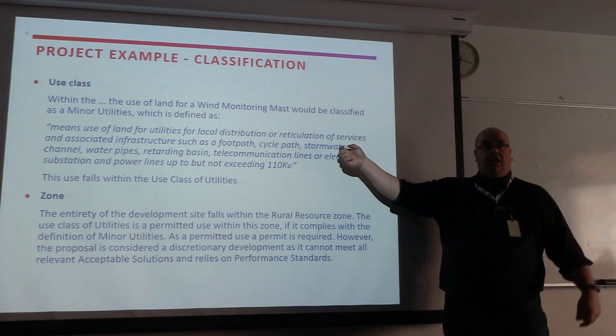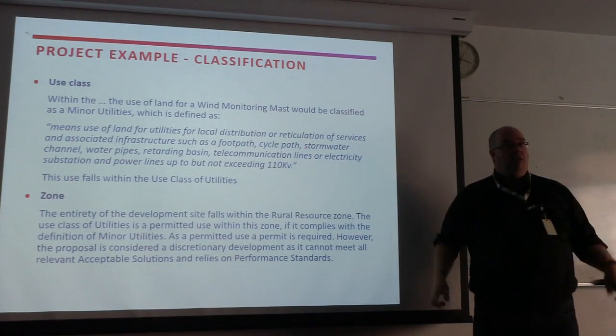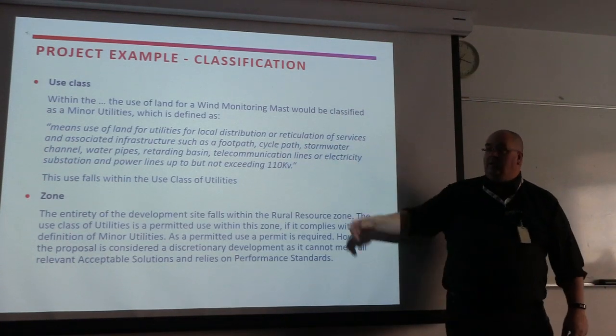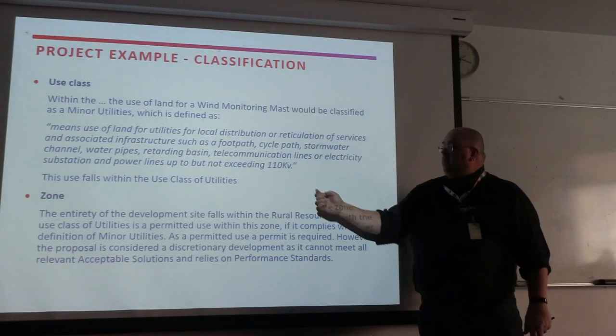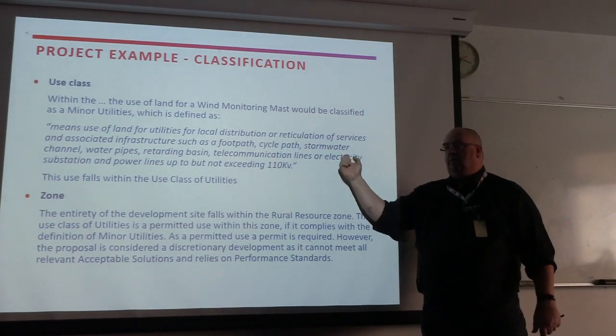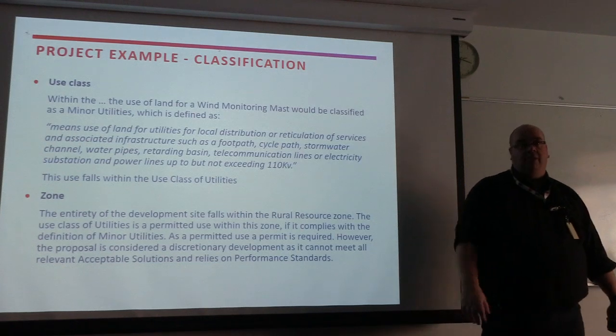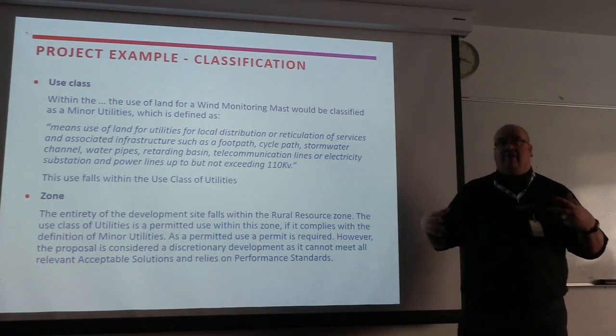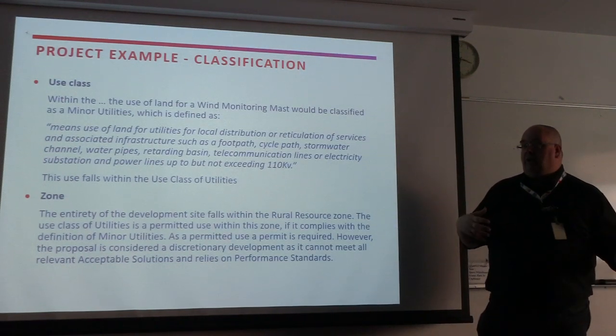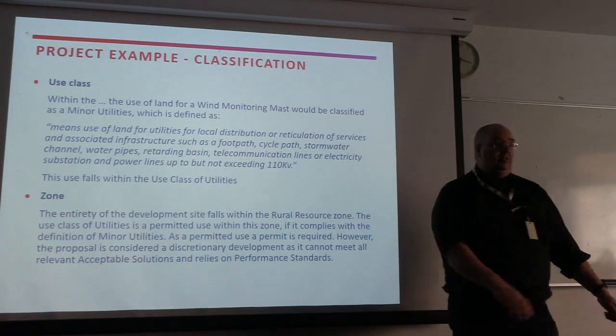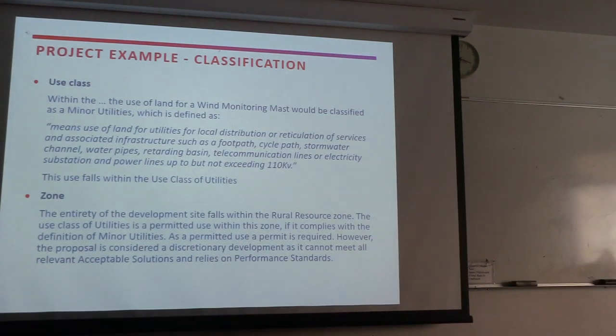But in this case, of all the choices I've got, there's probably 2 or 3 you could squeeze it into. This is the one that's used for, you know, power lines, those type of things. This is an associated function with an energy generating facility. This is what was agreed, it fell within. But it's not clear cut.